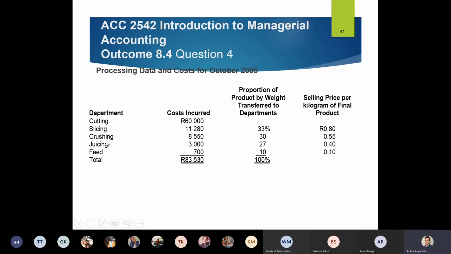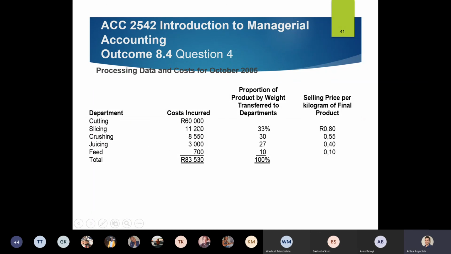If we restate it, we can say the cutting department is where you have your joint cost. So this 60,000 Rand is a joint cost, before considering the effects of the byproduct. Then you've got slicing, the first product, crushing, the second product, juicing, the third product, and the feed, which is the byproduct.